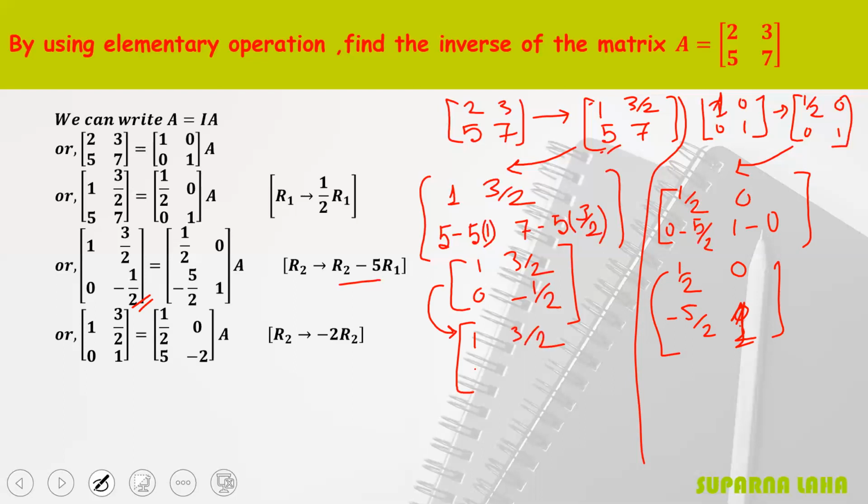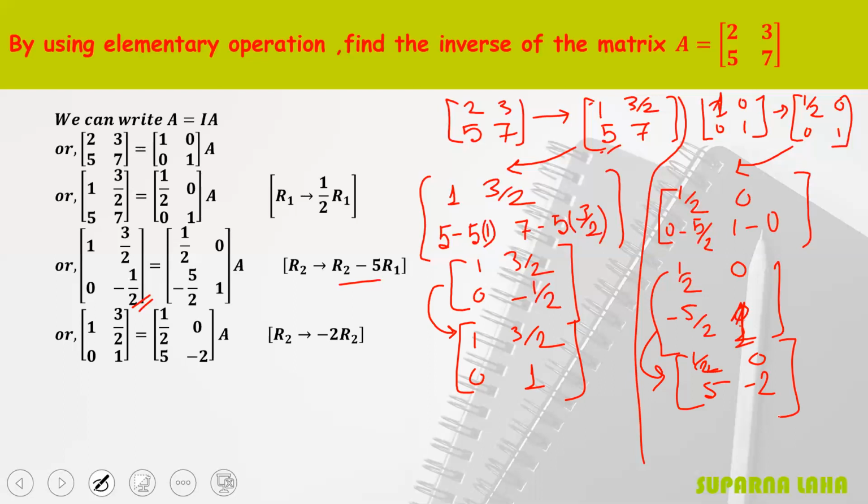Just multiply it: 0 into minus 2 is 0, and minus half into minus 2 is 1. This will change into half, 0, and minus 5 times minus 2 is 5, and 1 times minus 2 is minus 2. So half, 0, 5, minus 2.